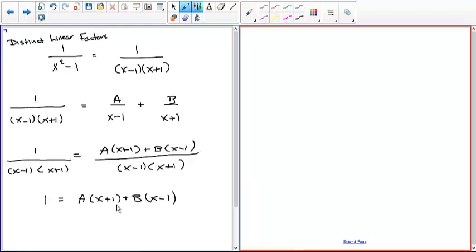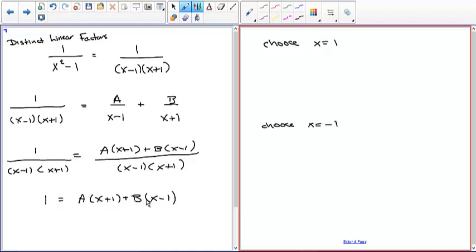The way you do it when you have distinct linear factors is you choose x equal to 1, and you choose x equal to negative 1.